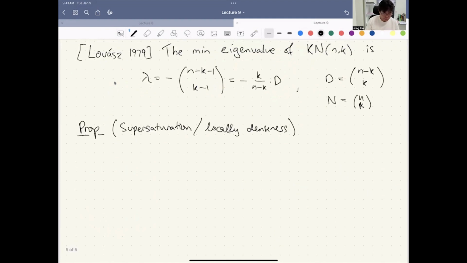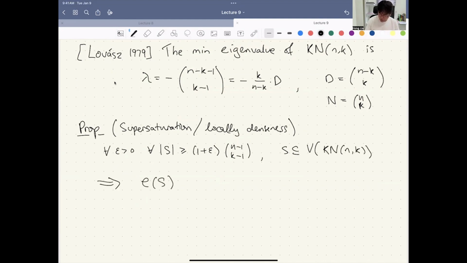For any epsilon and any set S of size slightly above m minus 1 choose k minus 1, where S is a subset of vertices of the Kneser graph, this set in the Kneser graph is locally dense.